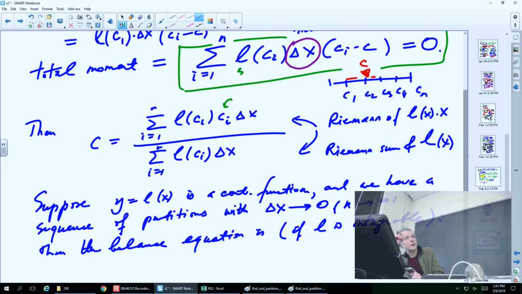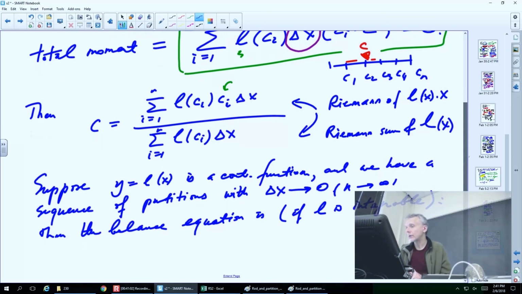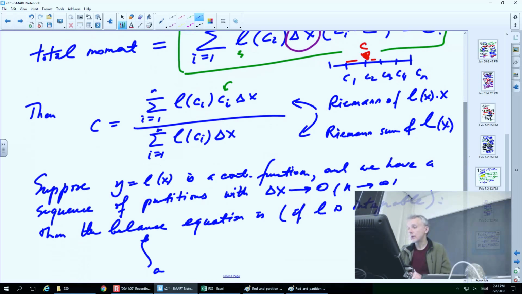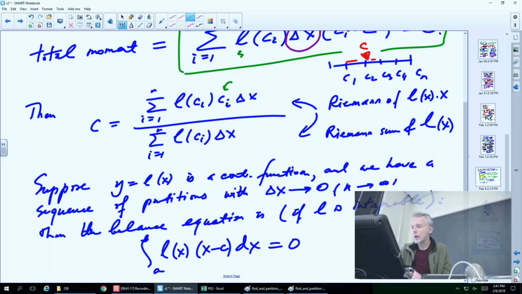The sum turns into an integral, a definite integral from a to b. The function will be L(x)(x minus c) dx, and it's still equal to 0. Okay, so that's our new balance equation.